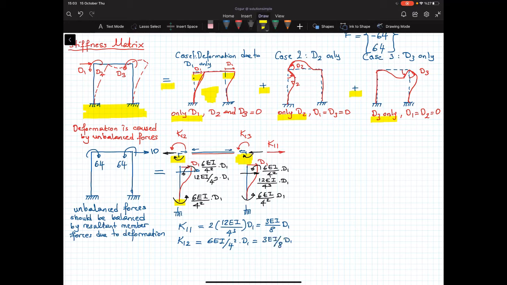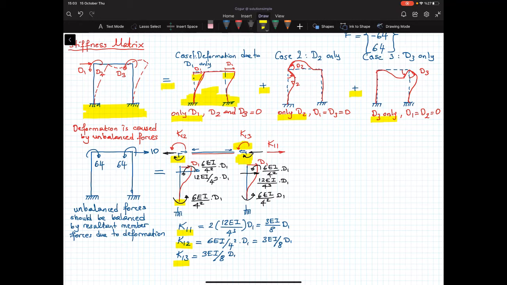I'll do the same thing for K13, write the nodal equilibrium equation, and I obtain K13 as 3 EI over 8 D1. So these coefficients, what do they tell me? K11, K12, K13. Remember that in case 1, I am trying to generate this deformed shape.